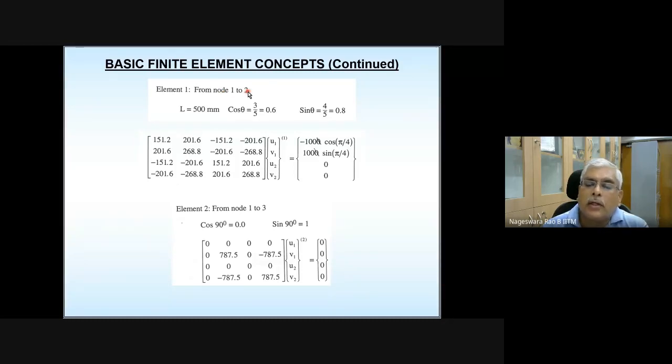This identification of local node 1 and local node 2, which has a bearing on the direction of the element, that is, the direction of your local x-axis, is applicable for 3D trusses as well as 2D trusses, in the sense of plane truss or space truss, or later when we look at plane frame or space frame.